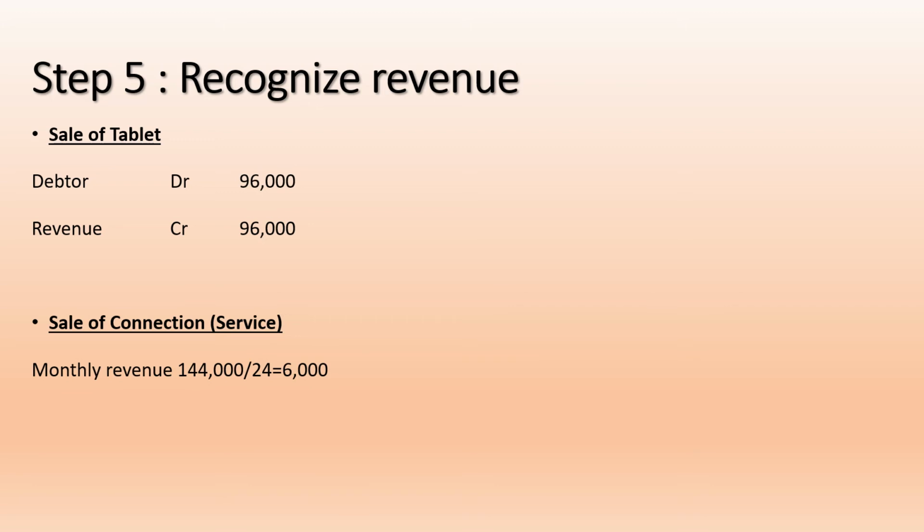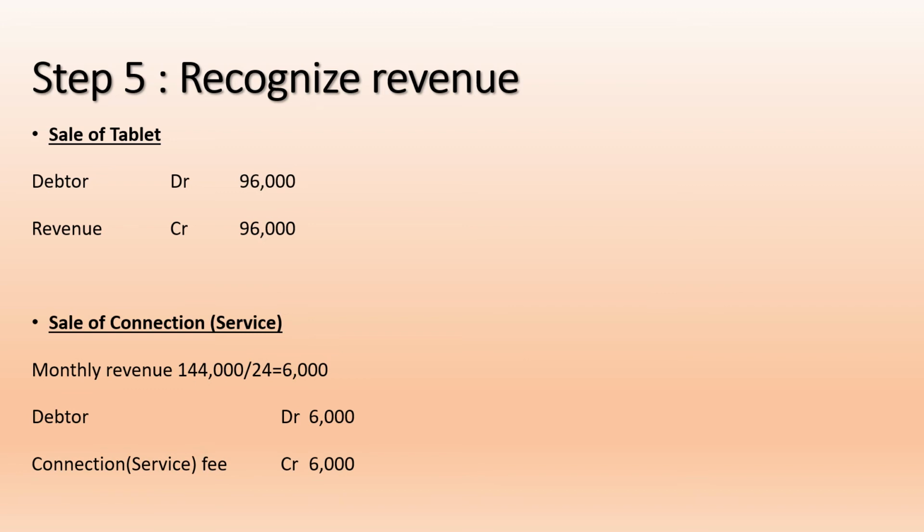So the allocated transaction price for this service is 6,000 per month. So we can debit the debtor by 6,000 and credit the revenue from this service fee by 6,000.